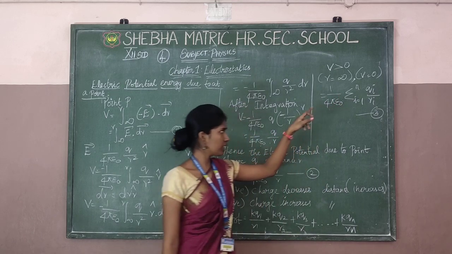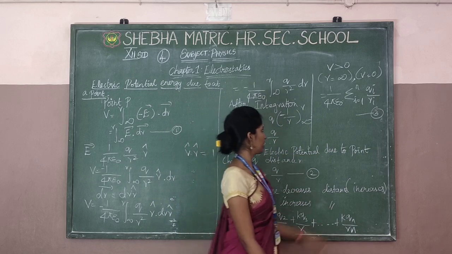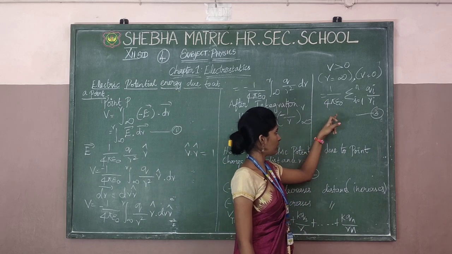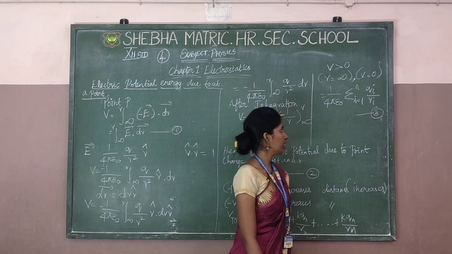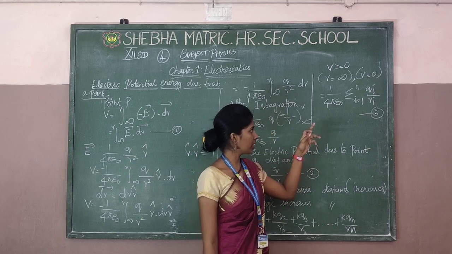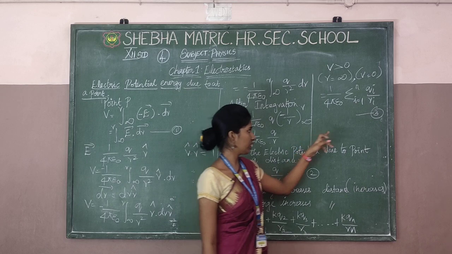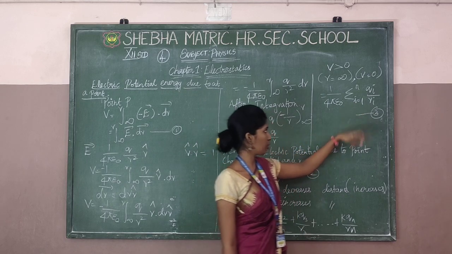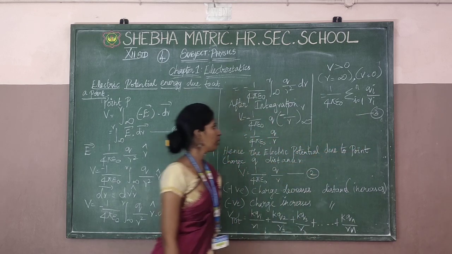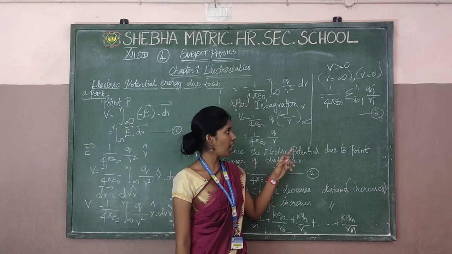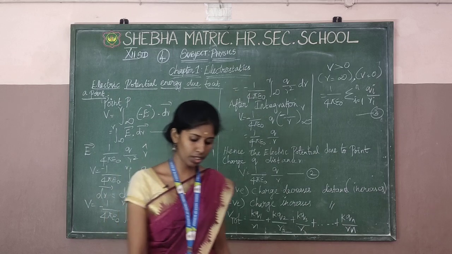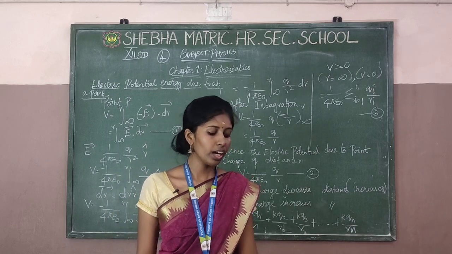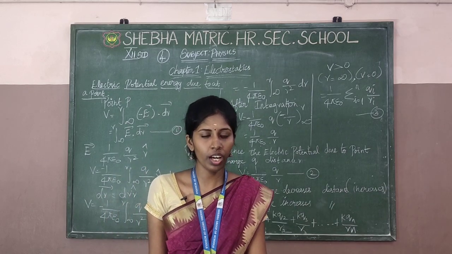So the potential is 1 by 4 pi epsilon naught summation from i equal to 1 to n of Qi divided by Ri, which is equation 3. This is the final equation: the electric potential at a point due to point charges.